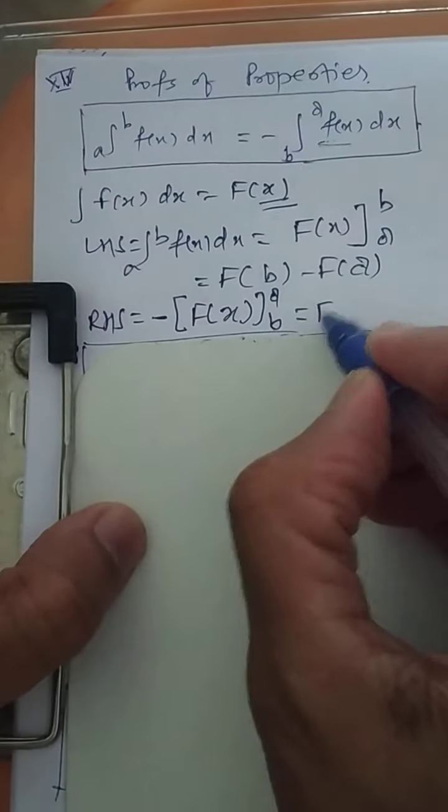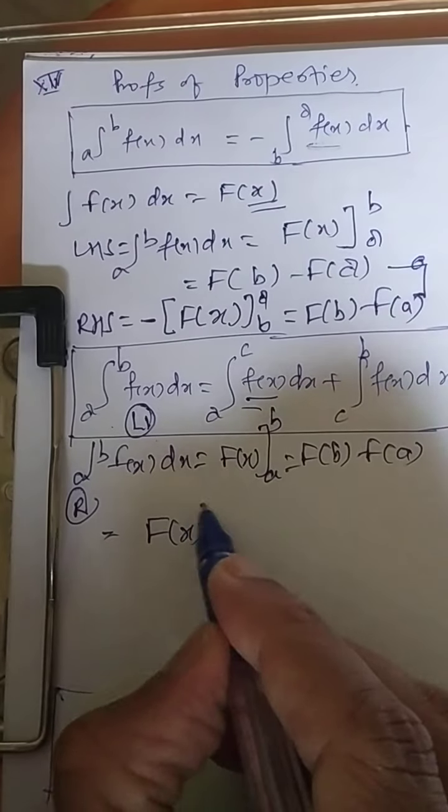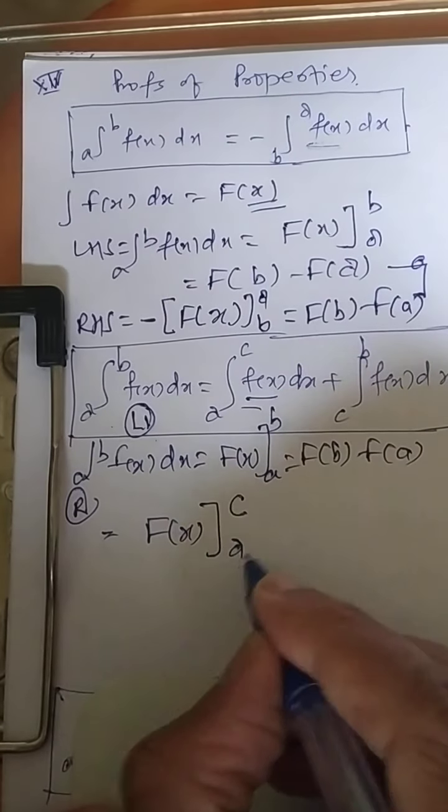You can use the same technique to answer this question also. Here, integral a to b f of x dx can be written as capital F of x, upper limit is b, lower limit is a, nothing but F(b) minus F(a), which is the left hand side. Now for the right hand side there are two integrals. The first integration will be capital F of x, upper limit is c, lower limit is a.